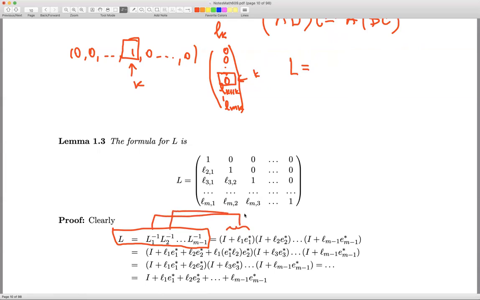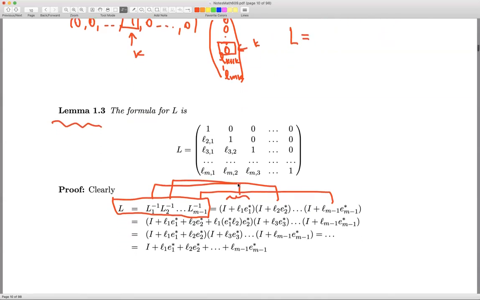Then the inverse of L2 will be this matrix, and so on, and the inverse of L(m-1) will be this matrix. And what we need to show is the structure of the resulting matrix. The next lemma tells us that the structure of the resulting matrix is this.